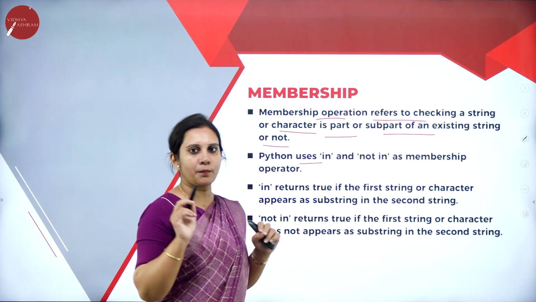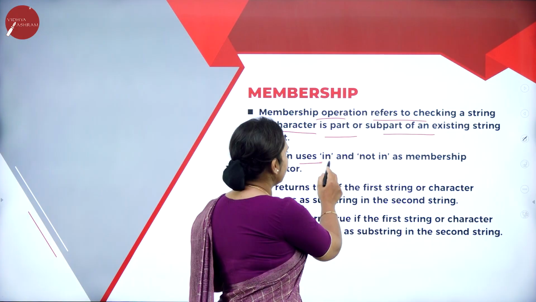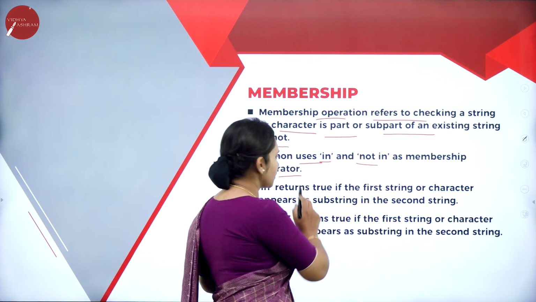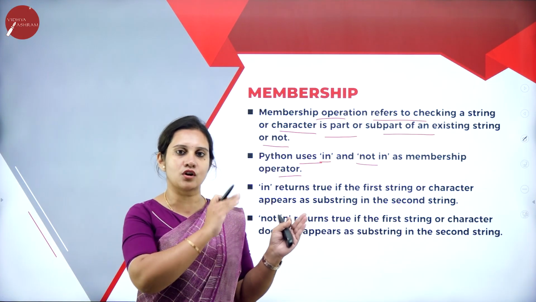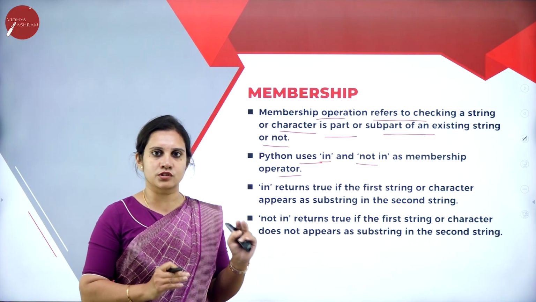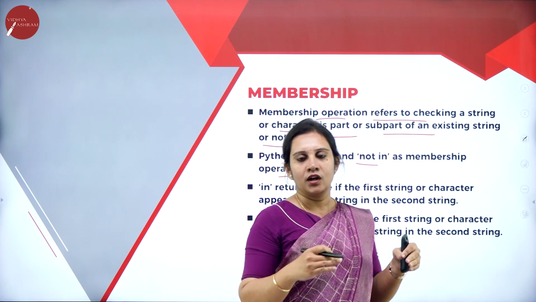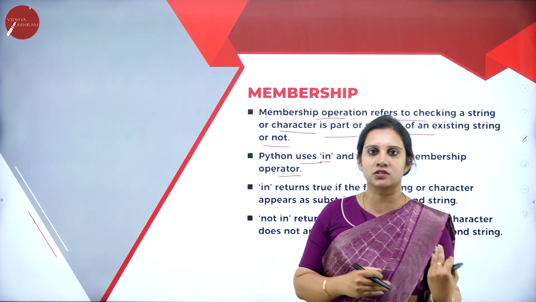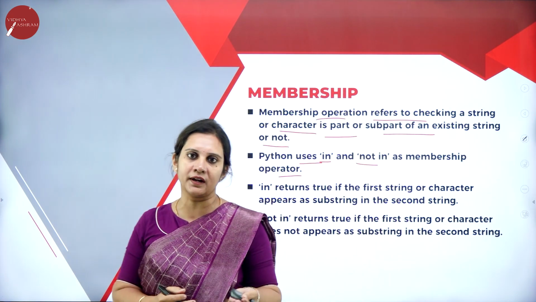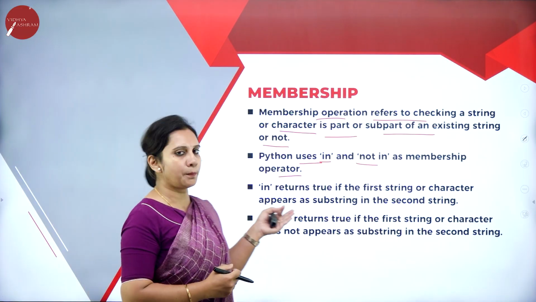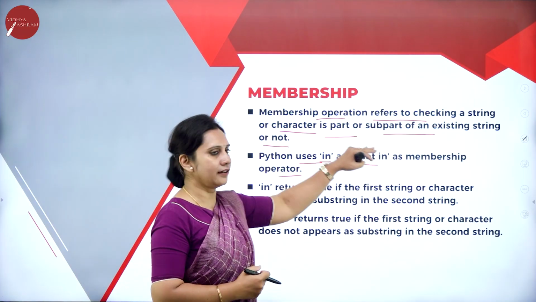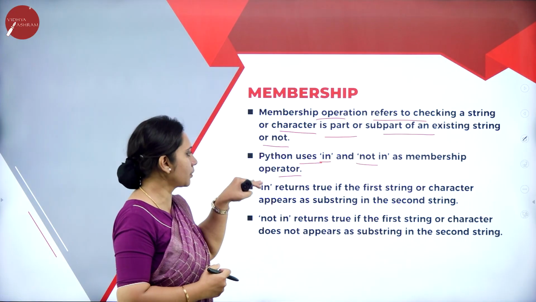Here the membership operator uses in and not in. In our previous operations, to join two strings we use the plus operator. Same way, for the repetition also, we use the asterisk symbol as the operator. Same way, in the membership also, we will use in and not in as the membership operator.